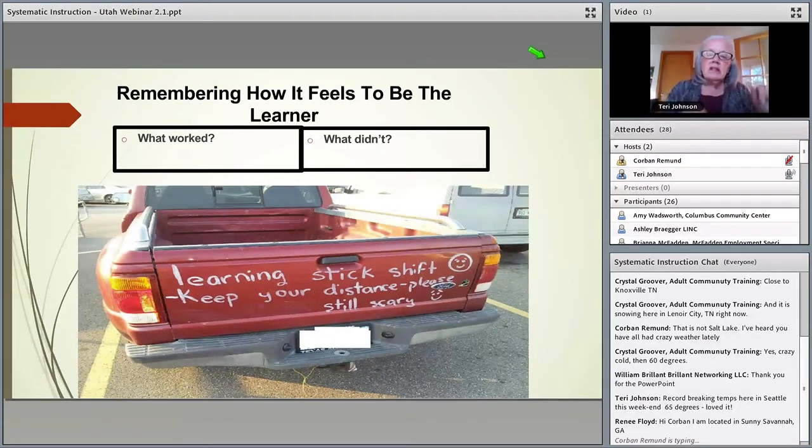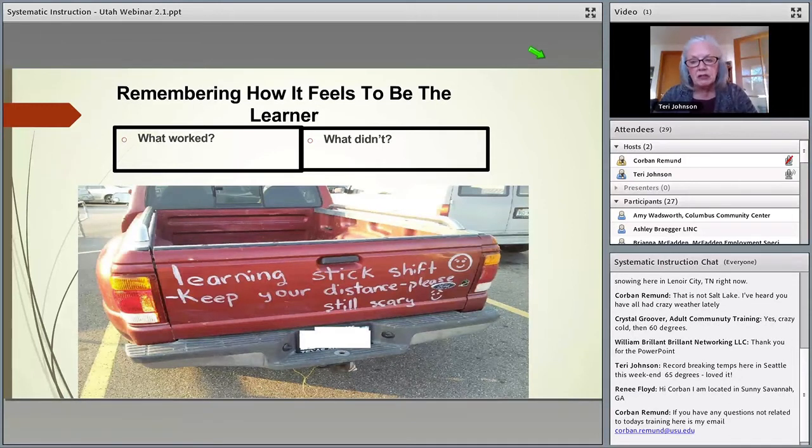The thing is, in a systematic instruction situation, typically we know what the task is, we know how to do it, we know what the expectations are. Maybe we're excited about this opportunity for the learner, keeping in mind that the learner is not in that same place. They don't have the same information about the task. There's some pressure, expectation that they learn.